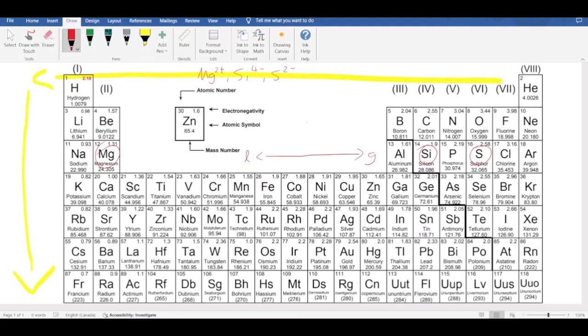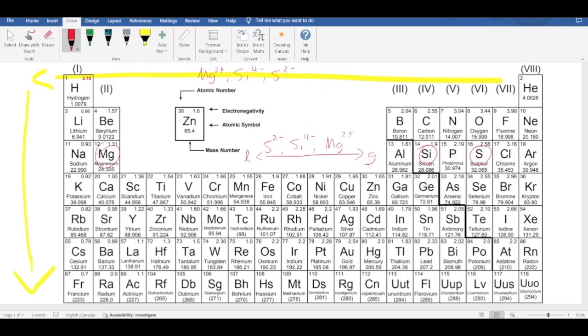If that's the case, where is the element that is on the very right side? It is obviously sulfur. Sulfur is going to be the least. Then as it gets bigger, it goes towards the left, then I have silicon. And then at the very left, we have magnesium.